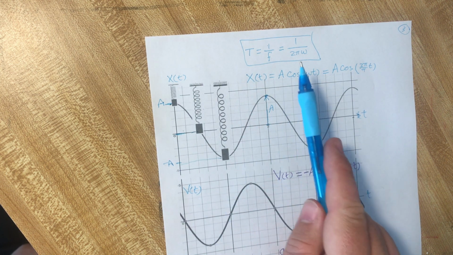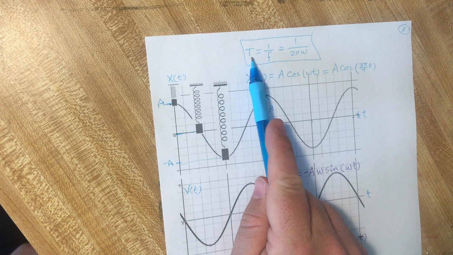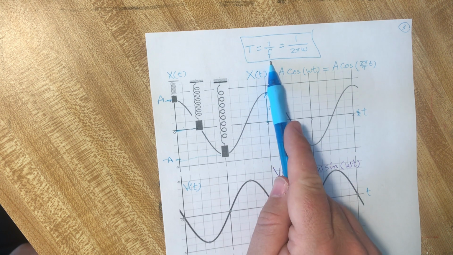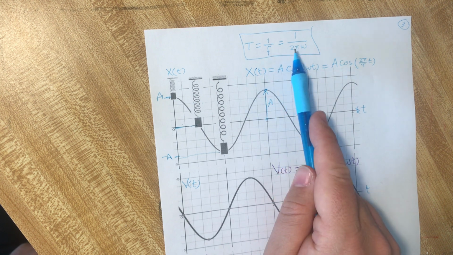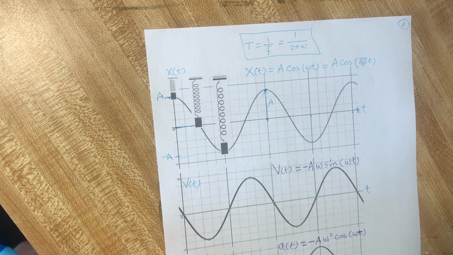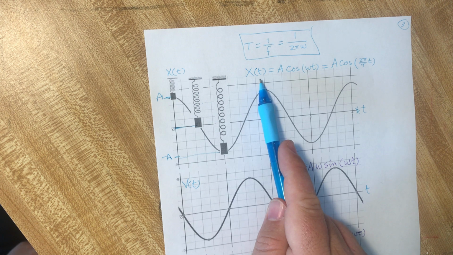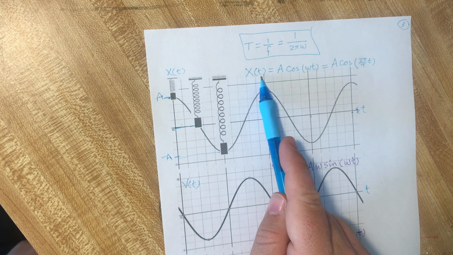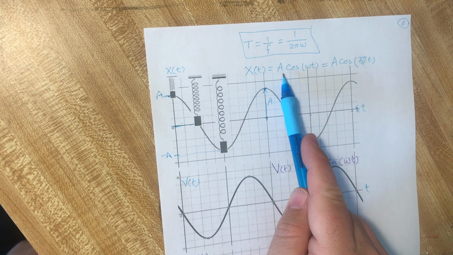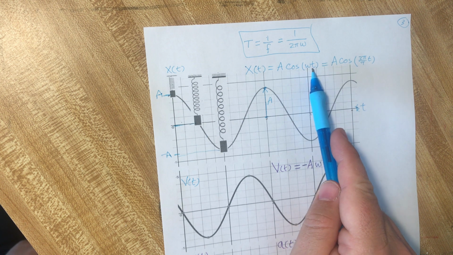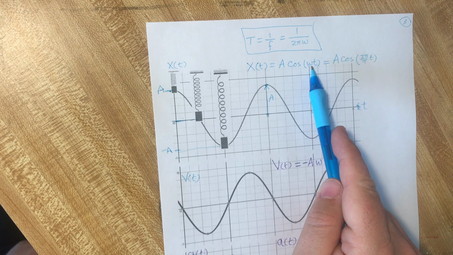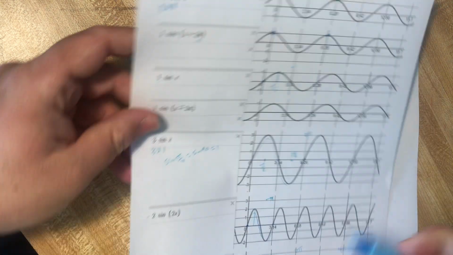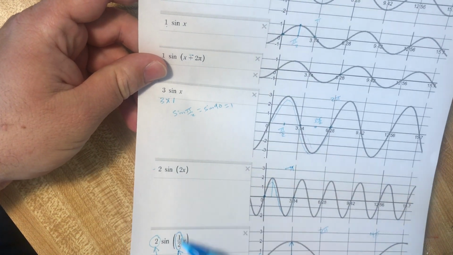We need to remember before that the time period is equal to 1 over frequency, and the angular frequency omega is equal to 2 pi times the frequency. So the position function x of t is equal to A multiplied by cosine omega t. A is the amplitude, omega is that constant which exists in our equations here.